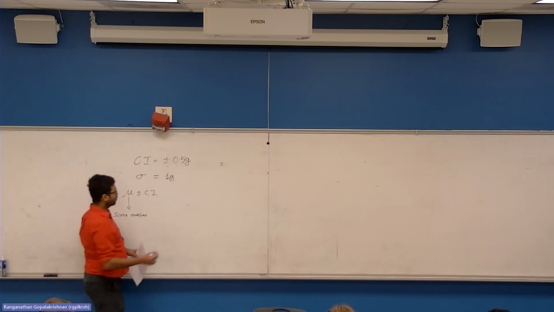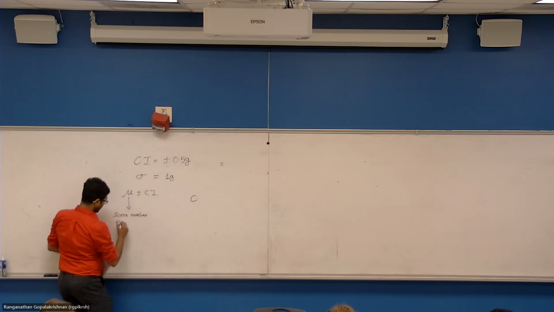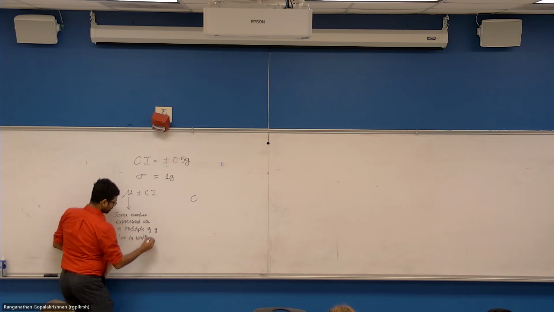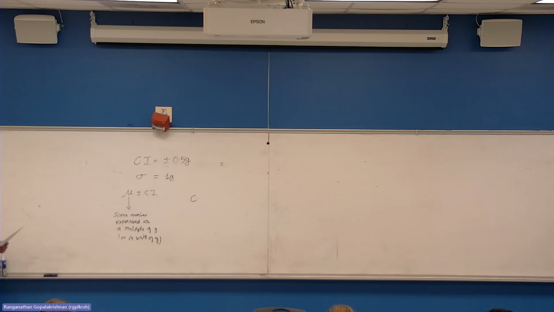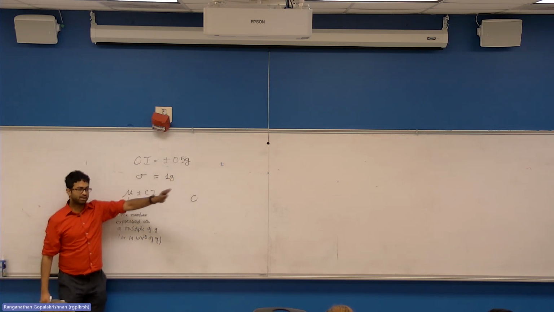And what do we know about the confidence interval? It is some number expressed as a multiple of g, or in units of g. One thing you should understand is that the actual value of g, the acceleration due to gravity, is irrelevant.